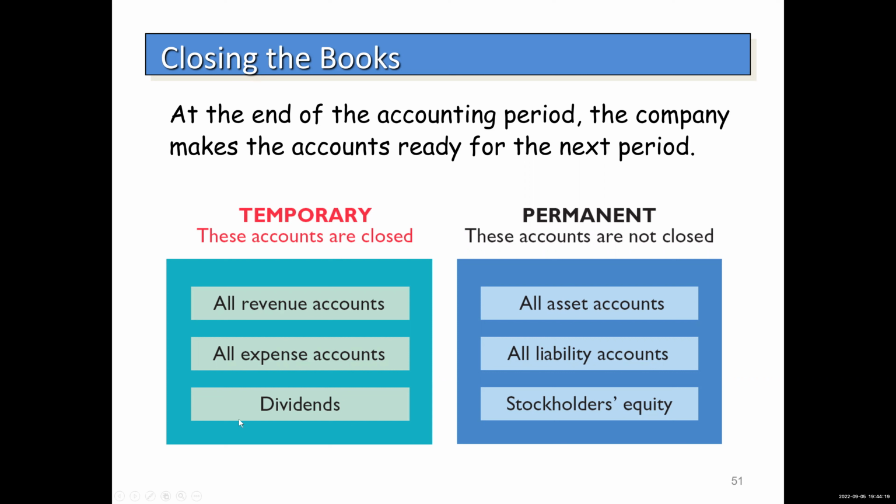We do the same thing with dividends. The only thing we'll have left that moves over to our new period in February would be our permanent accounts. And those are balance sheet accounts, the assets, the liabilities, and the stockholders' equity accounts, which would be common stock and retained earnings.